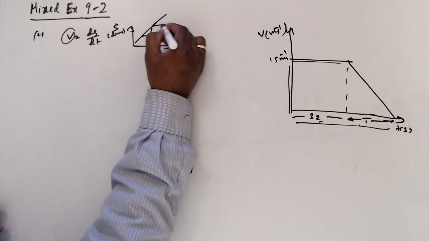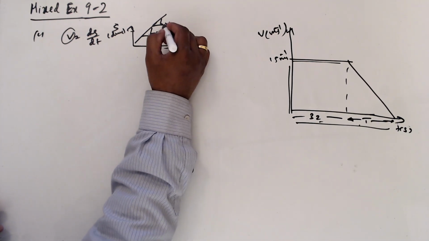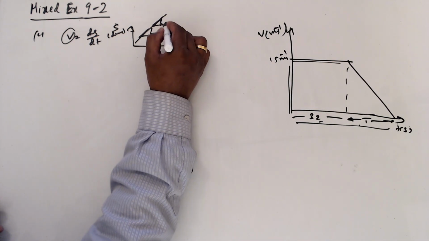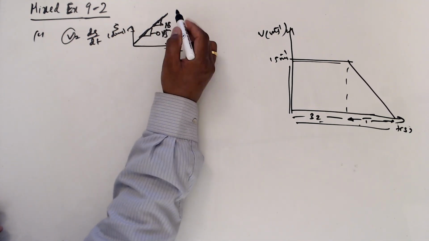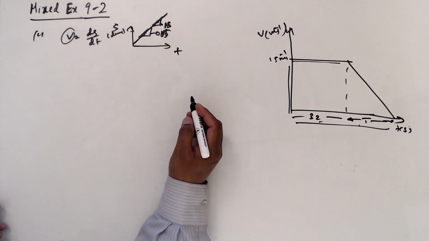So if the gradient is constant, it means it has a constant velocity. When you find the gradient, if we have 15, this is a line, and everywhere the gradient is the same. So this is 15, 15, 15.